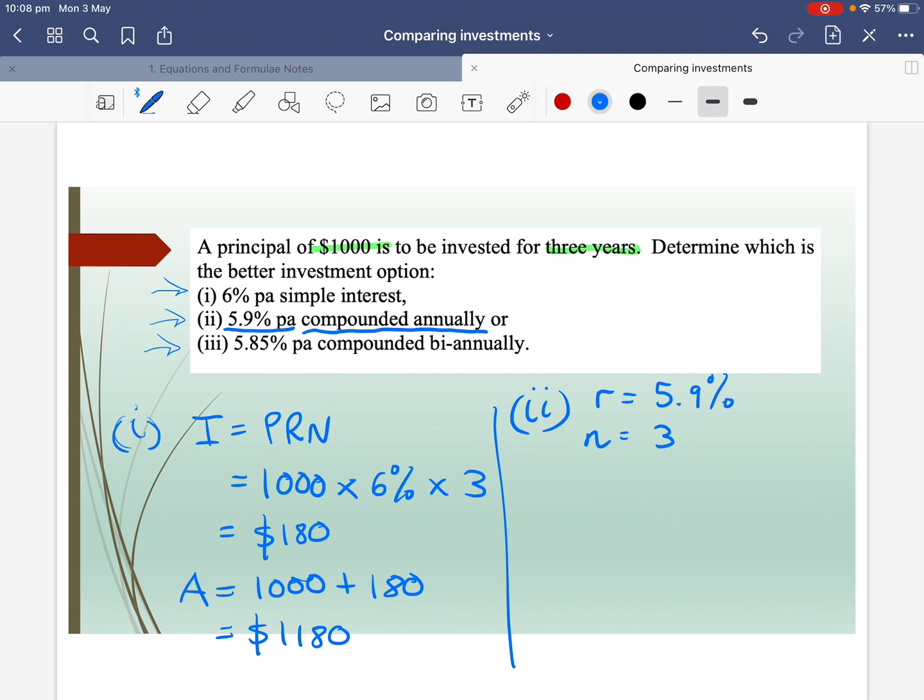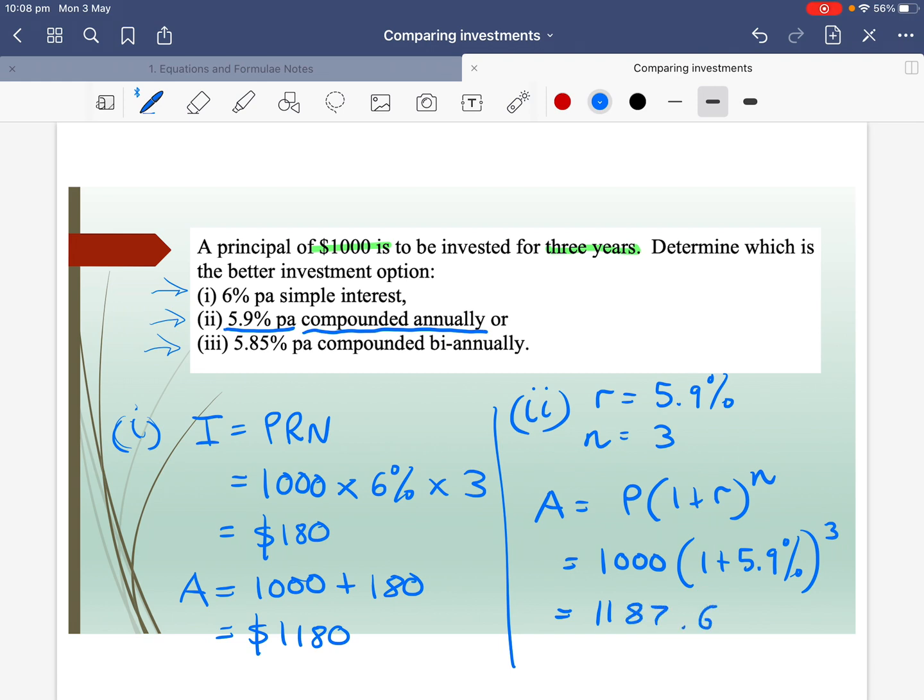So substituting into our formula for compound interest, it is $1,000 times 1 plus 5.9% to the power of 3. And that gives us a total of 1187.6484.